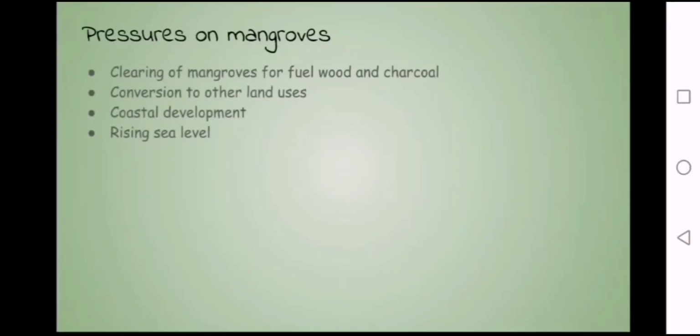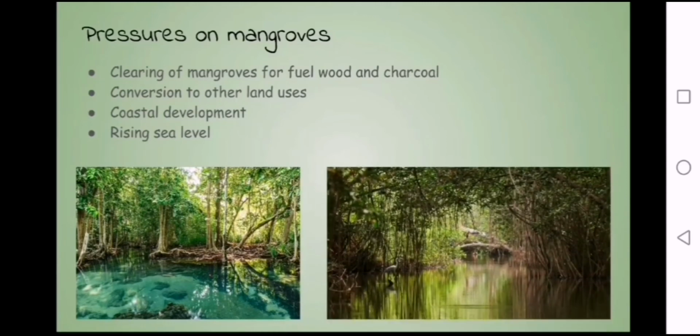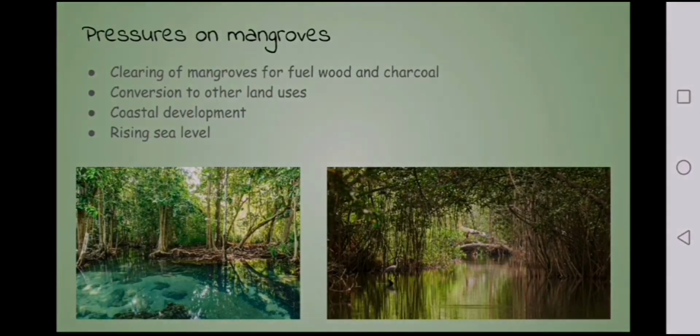The last one is pressures on mangroves. Despite mangroves being valuable to natural environments and human activities, they are under pressure due to humans' use of resources from these ecosystems, like clearing of mangroves for fuel wood and charcoal, conversion to other land uses, coastal development, and rising sea level.